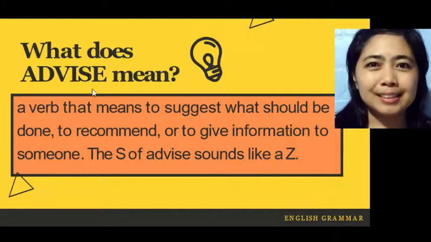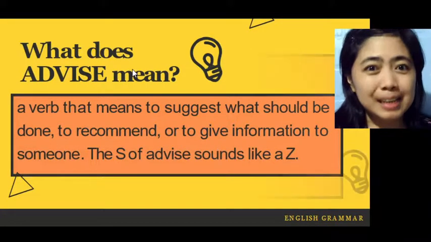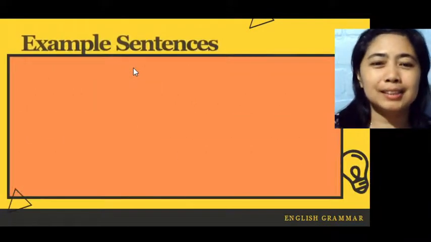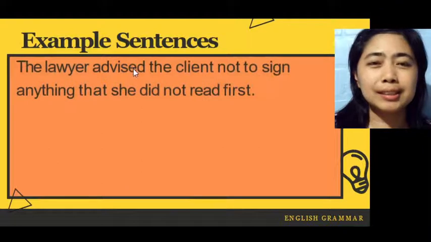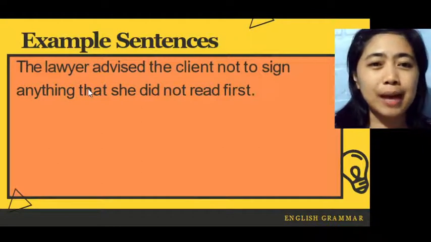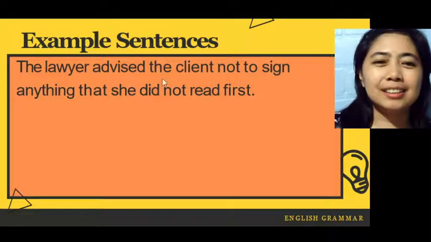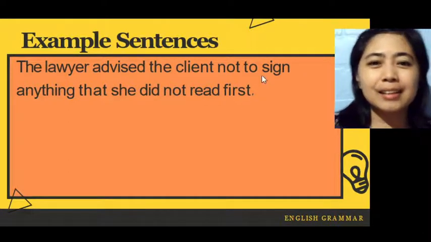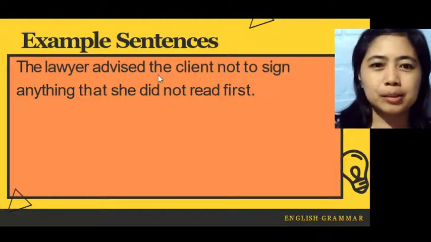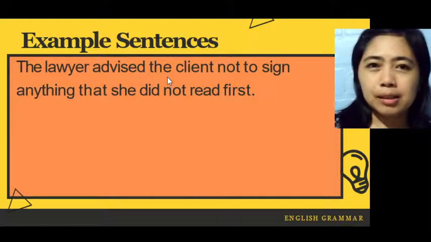That's advise. Let's try to have examples of how it is used in sentences. The first sentence: the lawyer advised the client not to sign anything that she did not read first. We are using the simple past here, the action happened already.